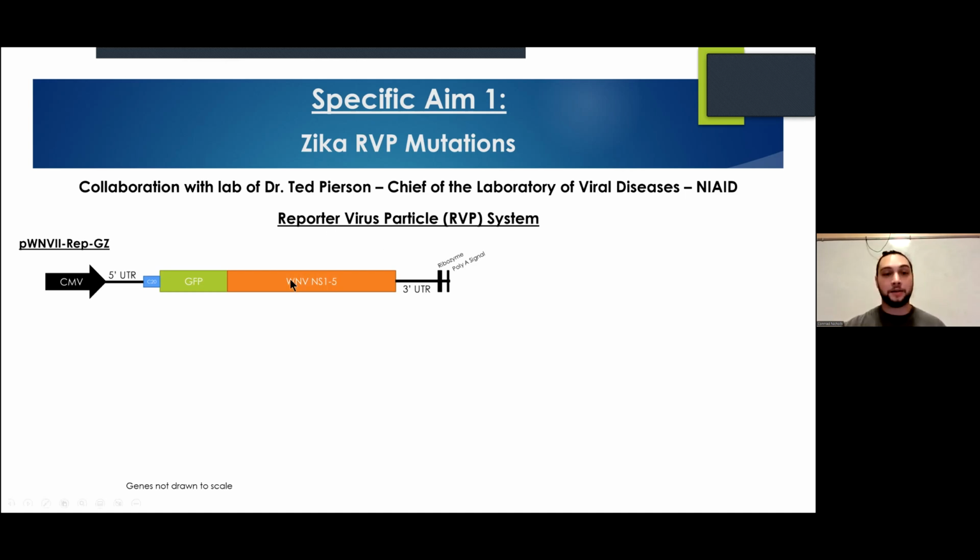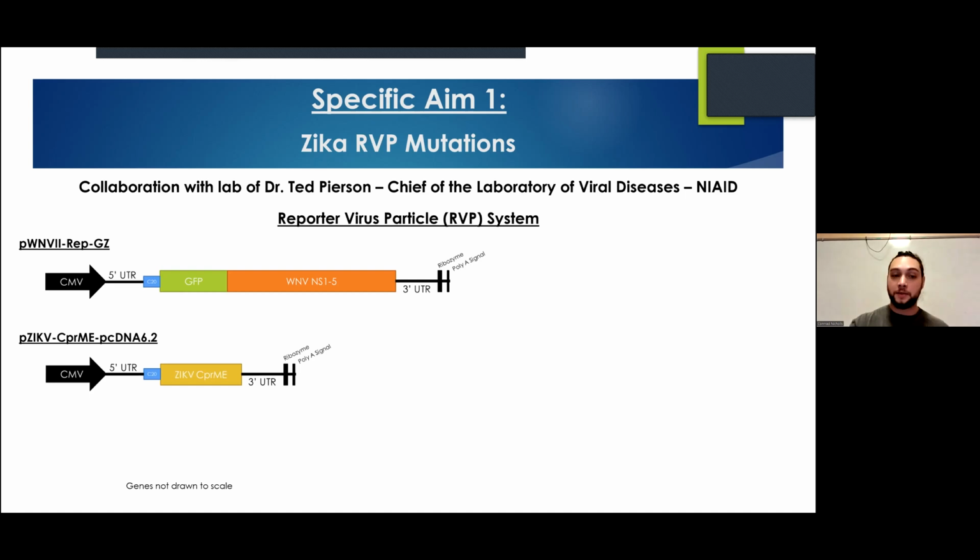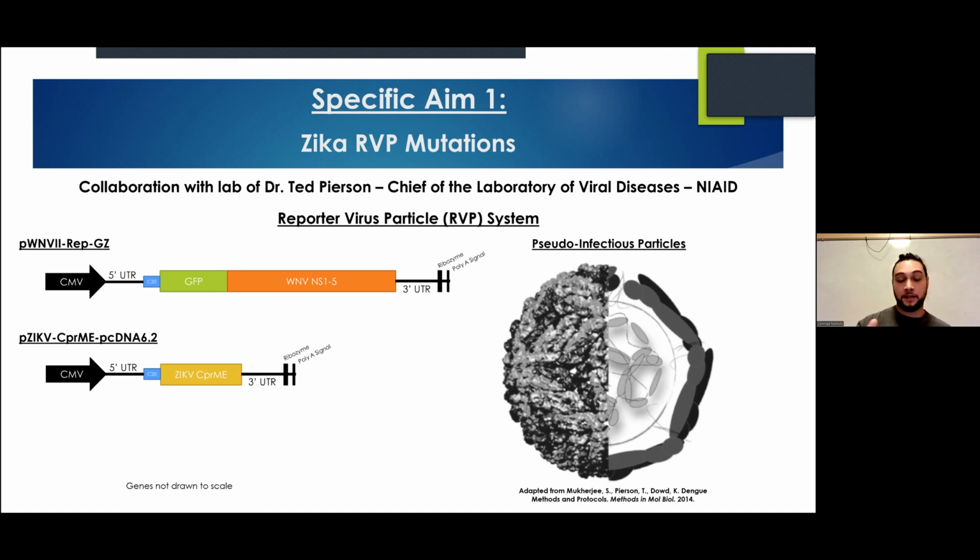But they come from West Nile virus instead of from Zika, which is what I'm interested in. But then I have a secondary plasmid, one that comes specifically from Zika that only contains the structural proteins. I put both of these plasmids into cells, and then I look to see how it changes. So what I do is I build, in a sense, pseudo-infectious particles, particles that are only capable of infecting a single round.